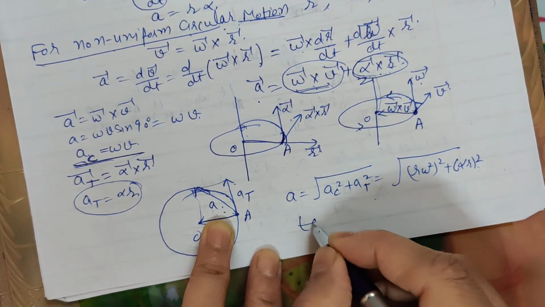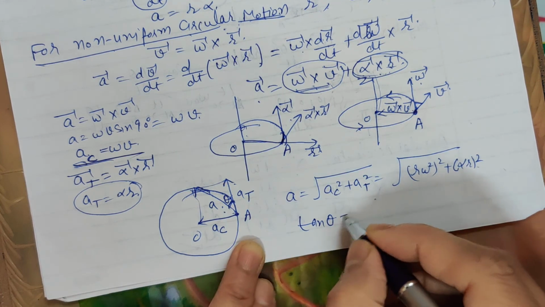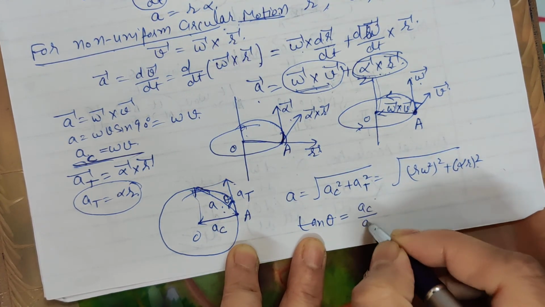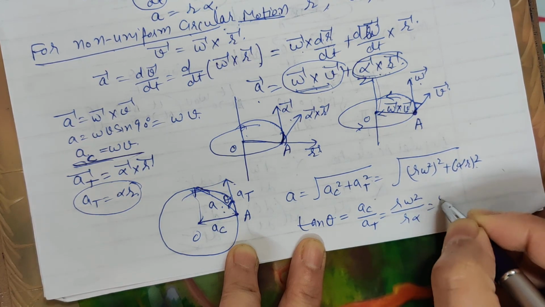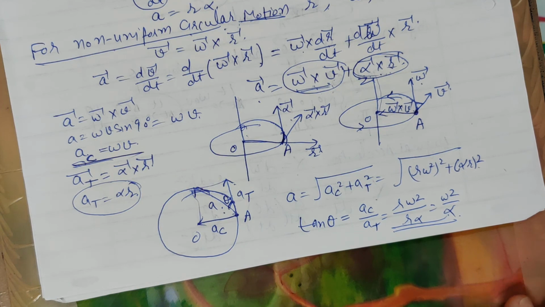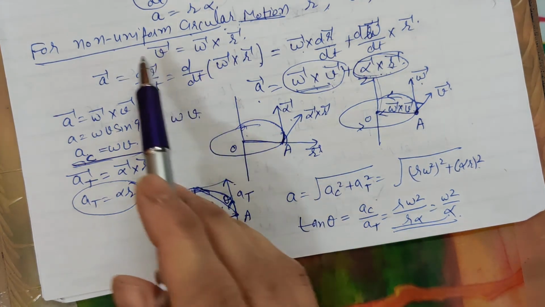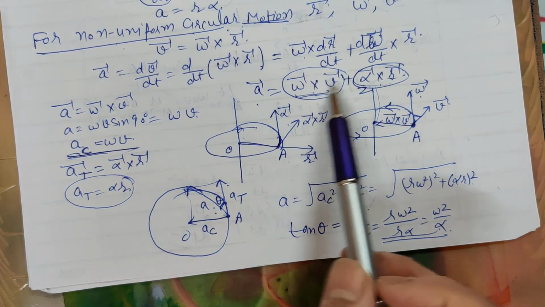And how do we get the direction? Tan theta is AC upon AT, that is r omega squared upon r alpha, which is omega squared upon alpha. So for non-uniform motion, the total acceleration in component form is a combination of two.